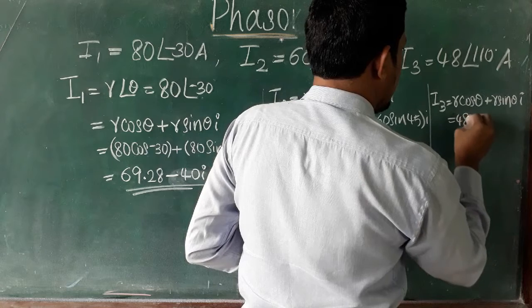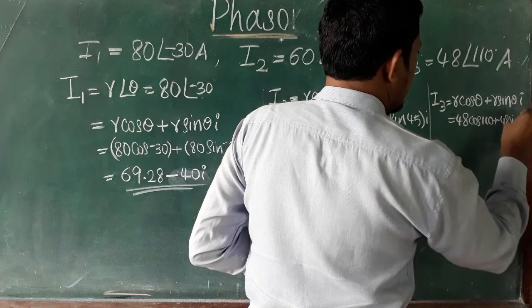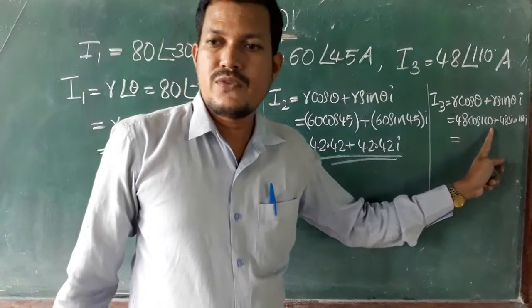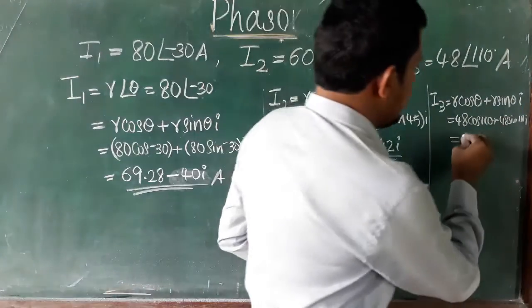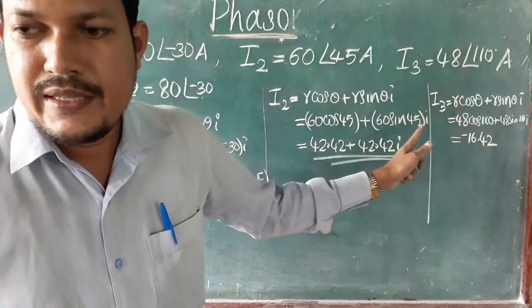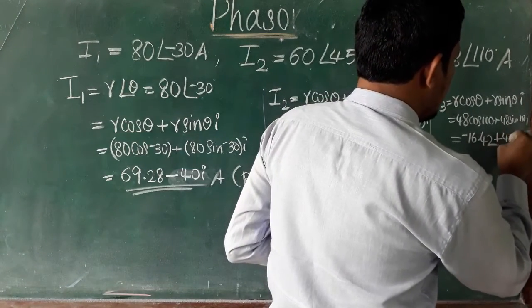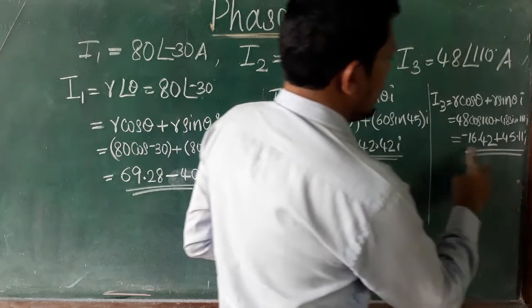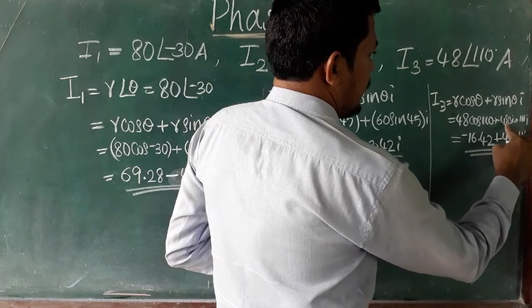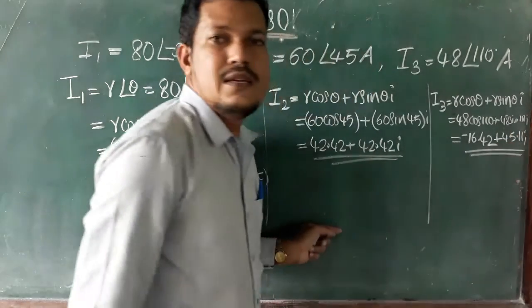So R is 48 into cos 110 plus 48 sin 110 i. 48 cos 110 becomes minus 16.42, and the imaginary part 48 sin 110 is 45.11 i. I think it is clear. That much imaginary part.